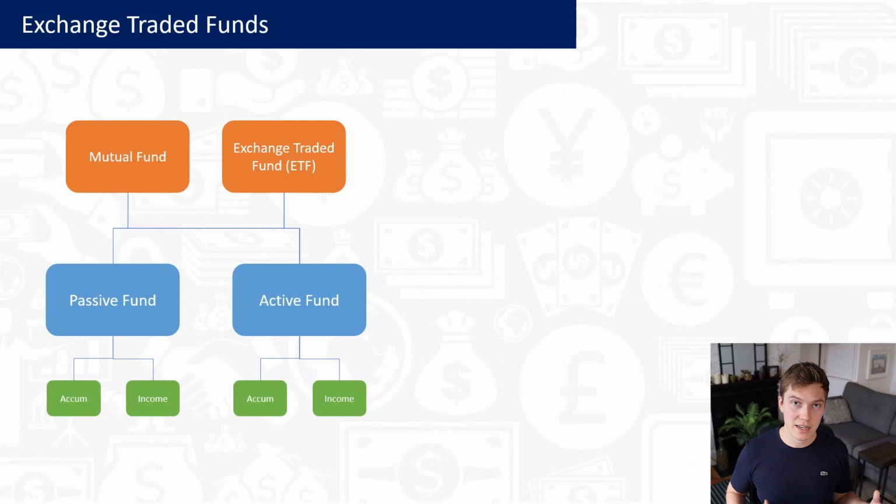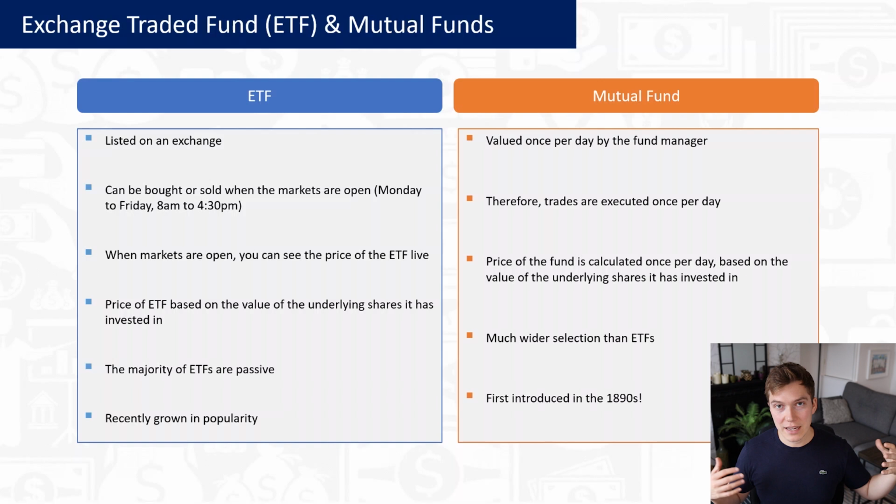So there are two different types of funds that you can invest in in terms of how you go about investing in them. There's a mutual fund and there's an exchange traded fund. Now, an exchange traded fund is typically going to be a passive fund, and it just means that it trades on an exchange, a stock exchange, just like shares do.